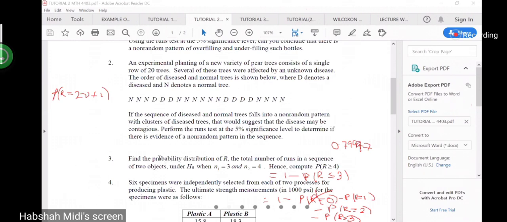Similarly, combination of 2 take mu minus 1 is also 0, since any combination taking a negative number is 0. So this whole thing equals 0. What is left is 1 minus probability R equal to 2 minus probability R equal to 3.